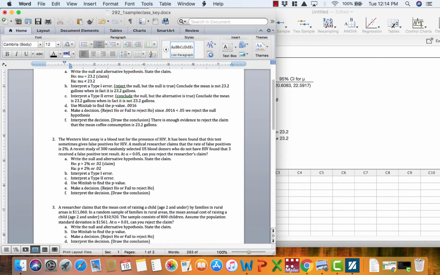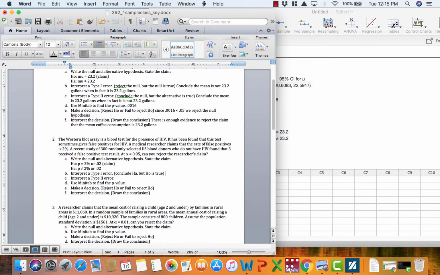One more time, let's go through interpreting the hypothetical type 1 or type 2 error that could be made. Type 1 error is reject the null, but the null is true. If we reject the null, that means we conclude the alternative. So I'm going to say one more time, conclude HA, but H0 is true.